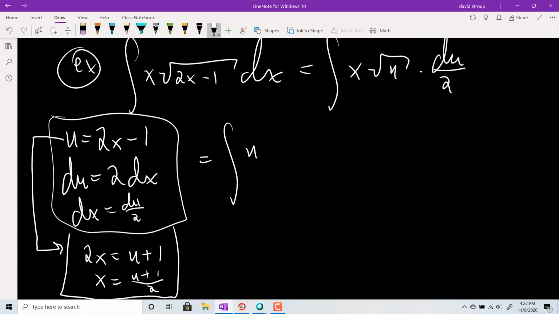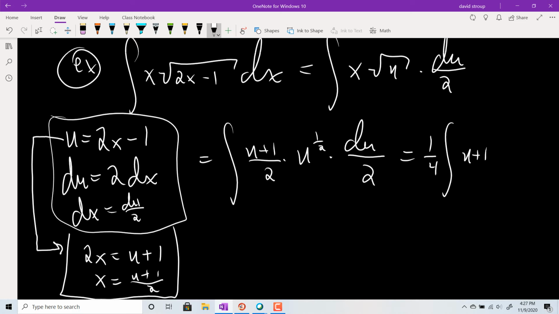So x will be u plus 1 all over 2, and then times u to the 1/2 times du over 2. You can factor out a 1/4 this time. You'd be left with the integral of u plus 1 times u to the 1/2 du. Then you can distribute the u to the 1/2.